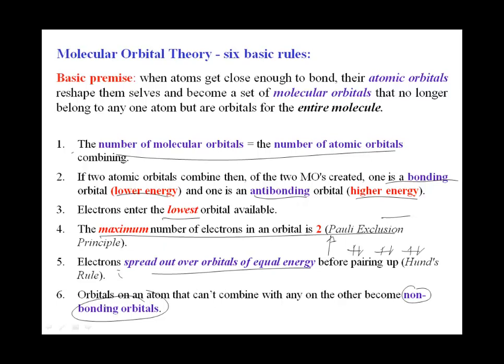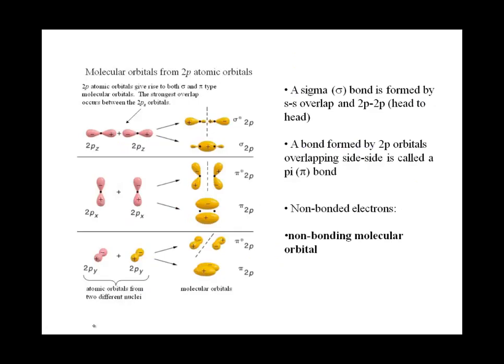So it stays, it doesn't form an antibonding orbital or a bonding orbital. It just stays non-bonding. So it's an orbital that isn't involved in bonding. It just is the same as it would be, pretty much, the first approximation, as it would be in the atomic system.